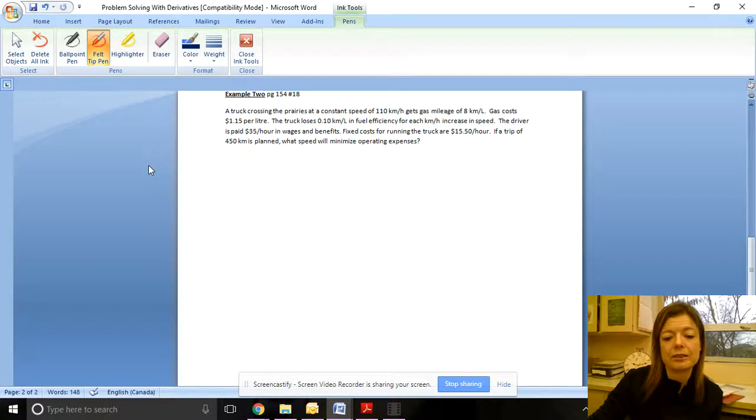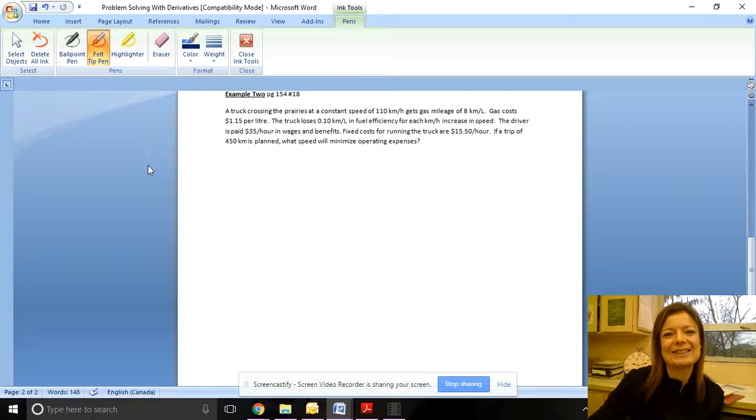So each time it increases its speed by 1 kilometer an hour, it becomes less efficient. The driver is paid $35 an hour in wages and benefits, and fixed costs for running the truck are $15.50 an hour. They're planning a trip of 450 kilometers. What speed will minimize operating expenses?